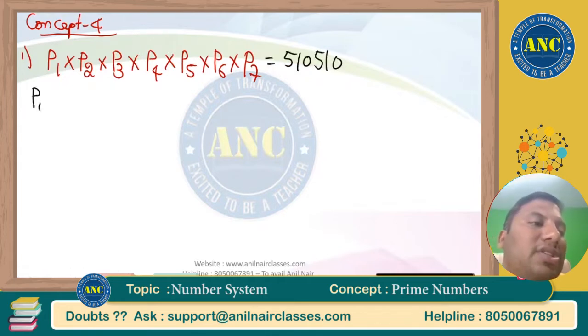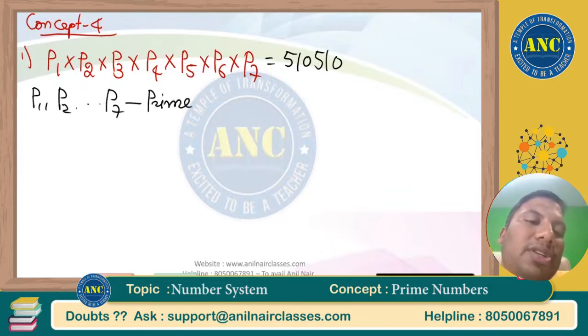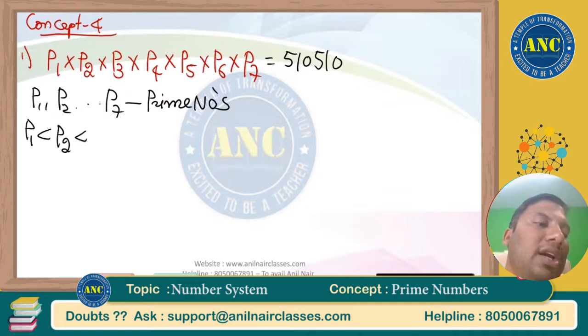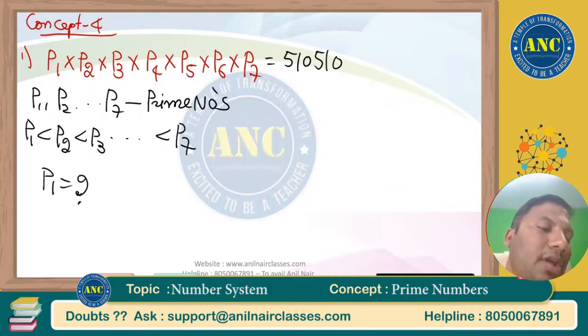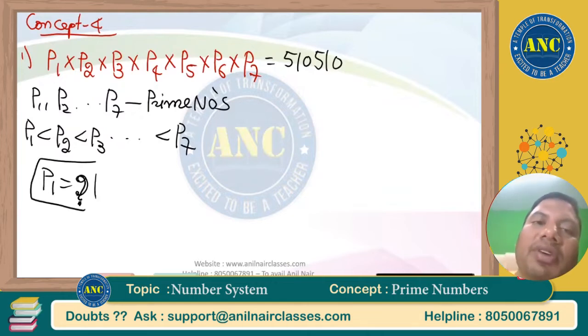All these numbers, P1 till P7, are prime numbers. If P1 is less than P2, less than P3 and so on up to less than P7, find the value of P1. We will determine all the values of P1 to P7 so that you will understand the various divisibility rules.